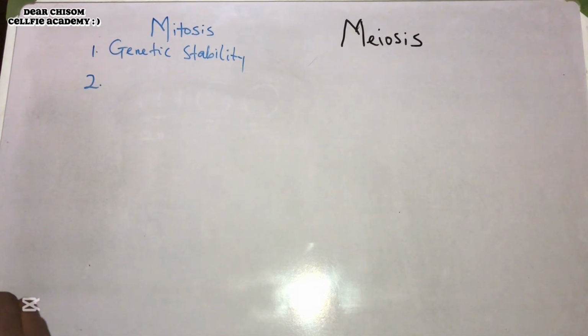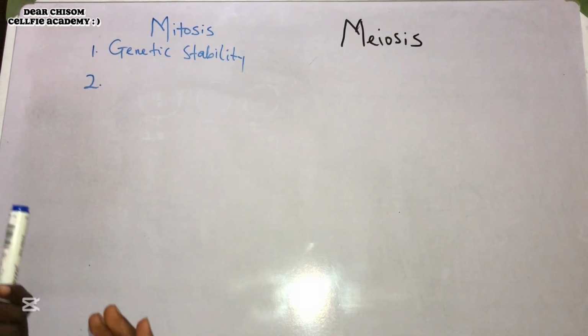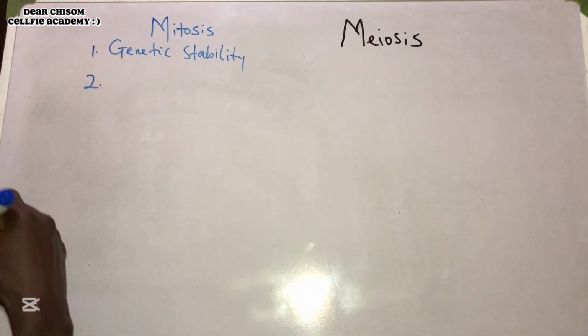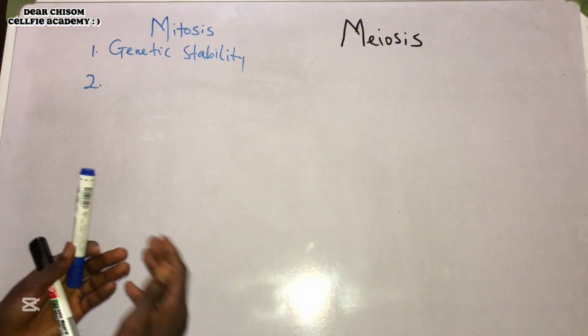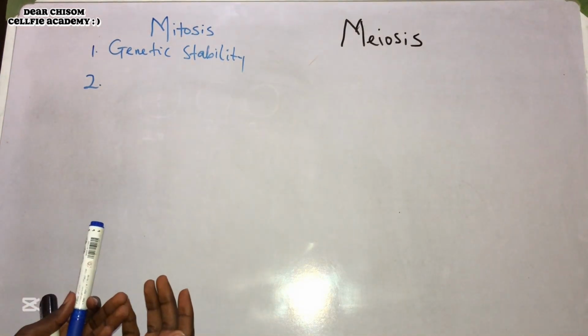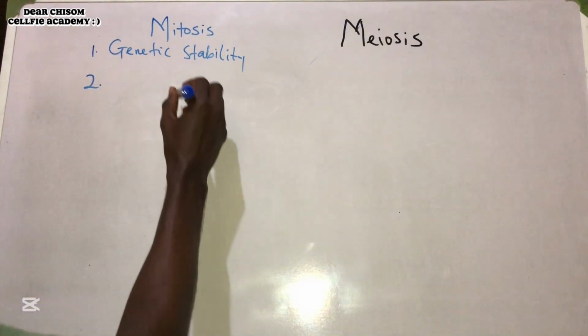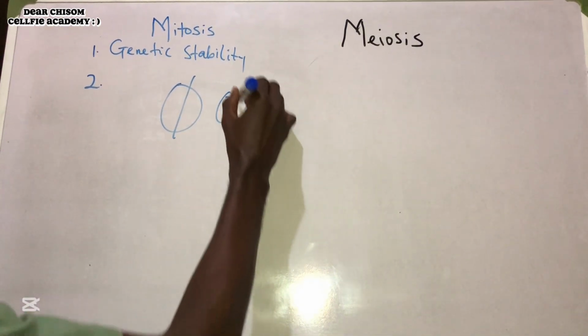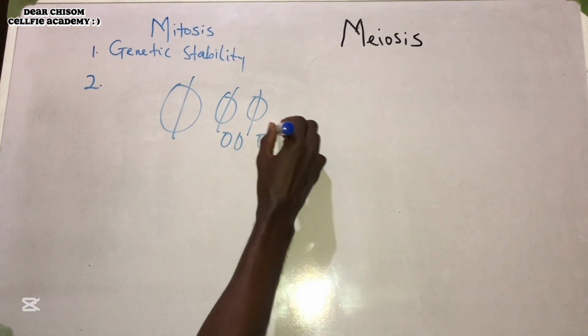This growth occurs in multicellular organisms. We know that in biology, cells multiply by division. The more cells divide, the more they keep multiplying.